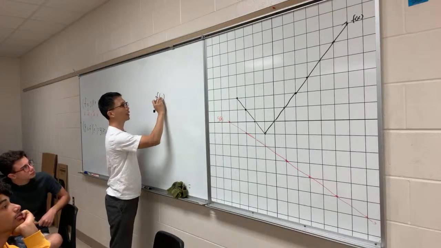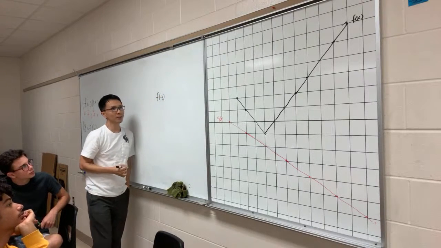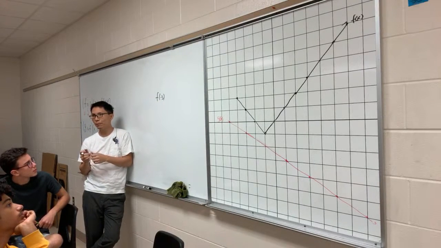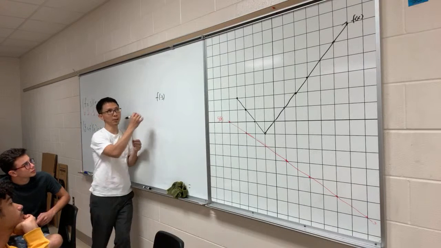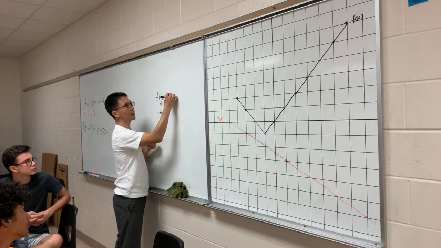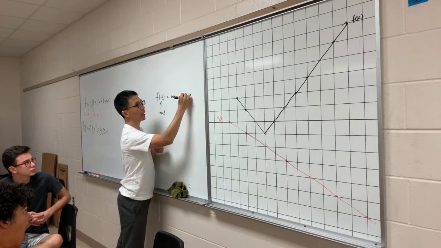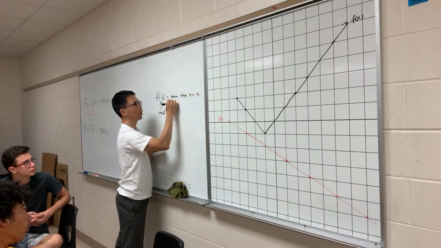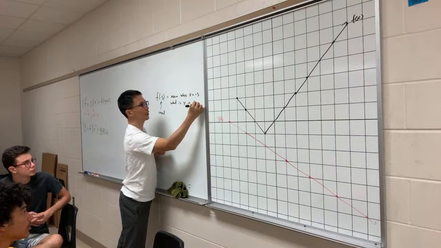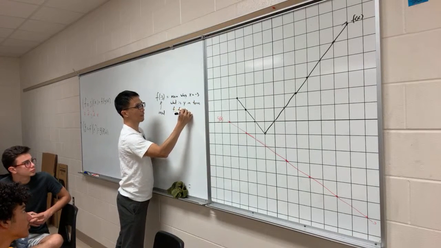That's not fun. Let's do f of negative 3. Okay, so what does that mean? Well, a lot of you already know this. The negative 3 is the input or output? Input, right? This means when x is equal to negative 3, what is y in terms of the f function?